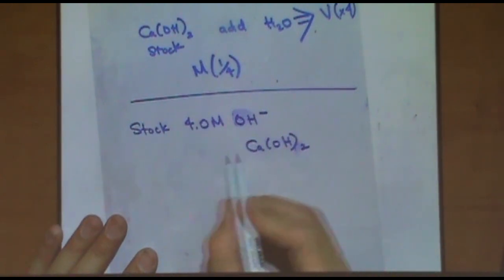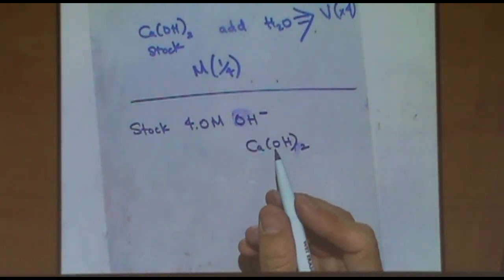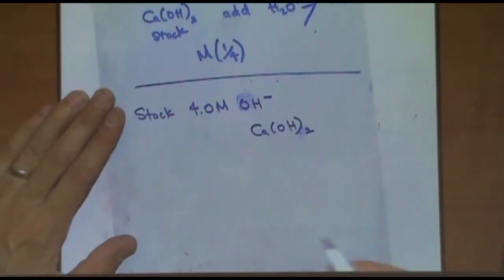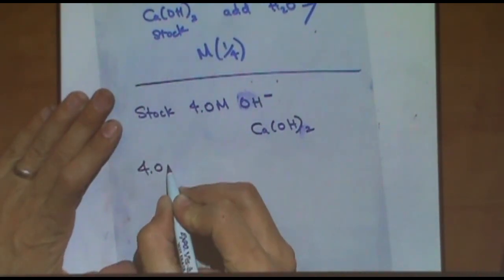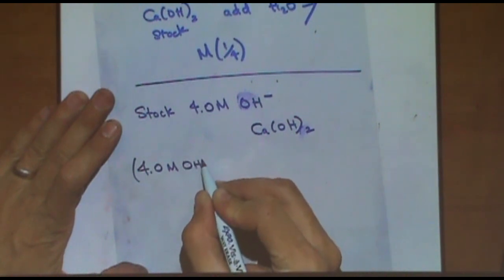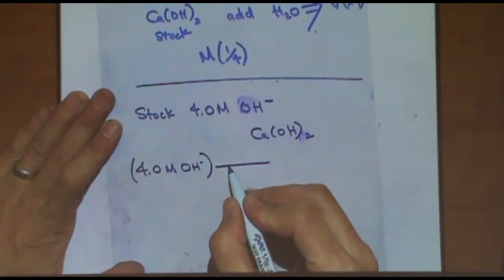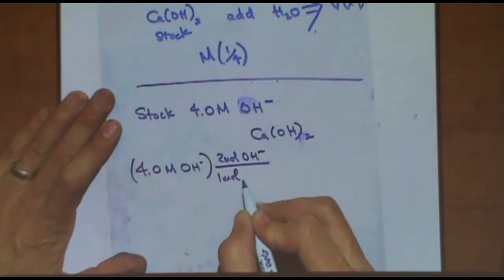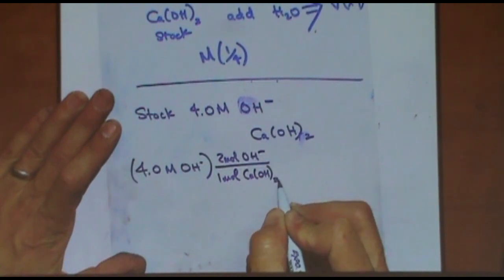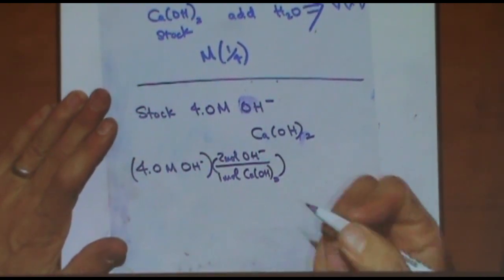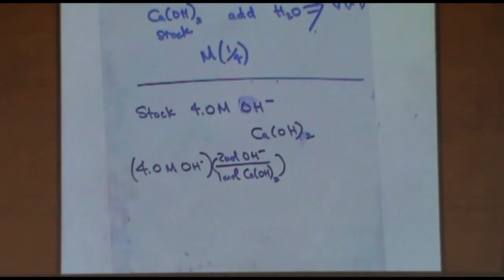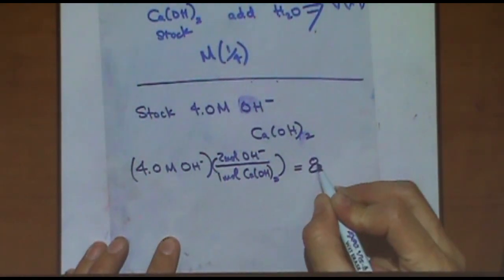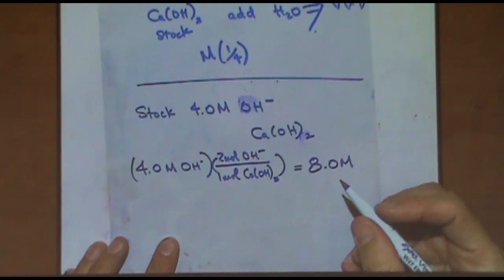But I need to know the molarity of this, not the hydroxide, in order to do the problem. So, 4 molar hydroxide, there are 2 moles of hydroxide for every 1 mole of calcium hydroxide. Or in other words, there are 2 hydroxide ions in 1 formula unit. So really, the molarity is 8 molar. Is that okay?